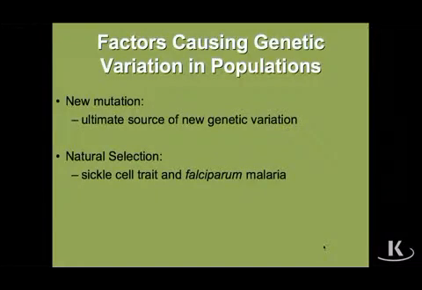However, there is a particular example of a situation in which natural selection has actually worked in favor of a disease-causing mutation. And that example involves sickle cell disease and the malaria parasite. Now, the basic idea here is that the malaria parasite has to undergo part of its life cycle inside the red blood cell.